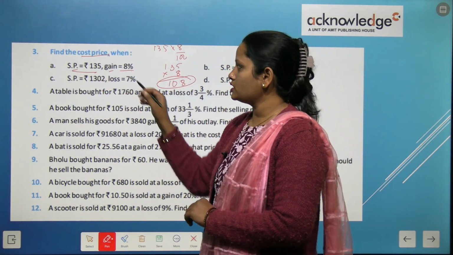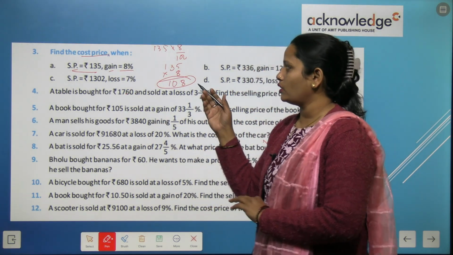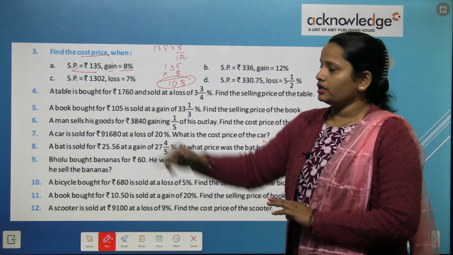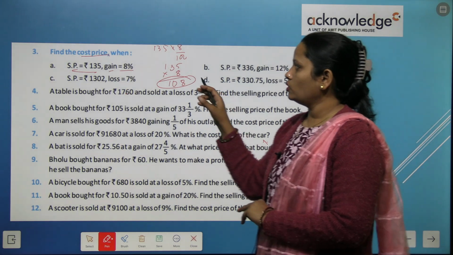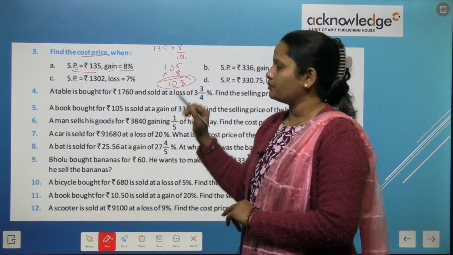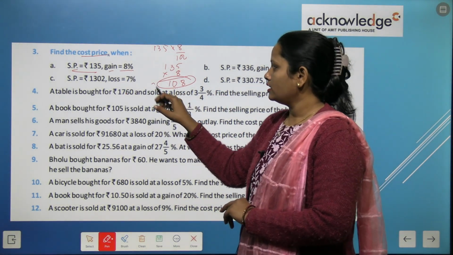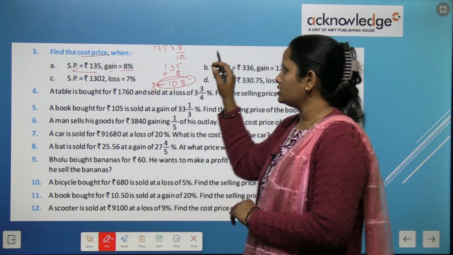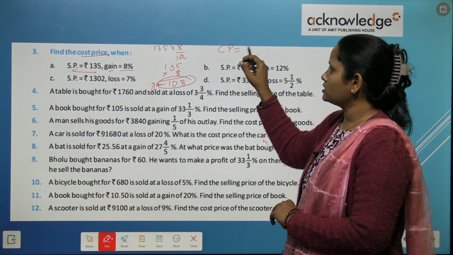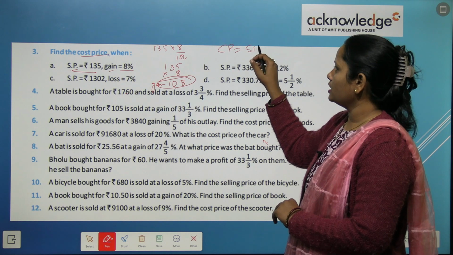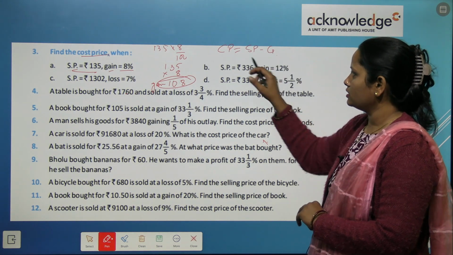Now selling price will be greater. The selling price ज़्यादा होगा तो ही we will get the gain. So we have to subtract this gain from this selling price. So cost price is equal to selling price minus gain.